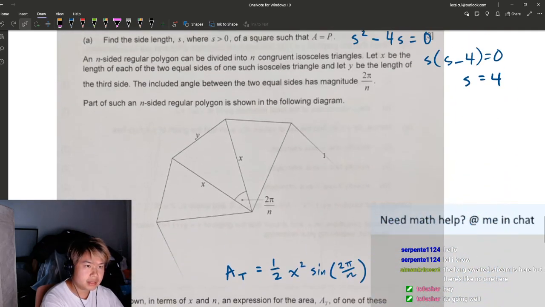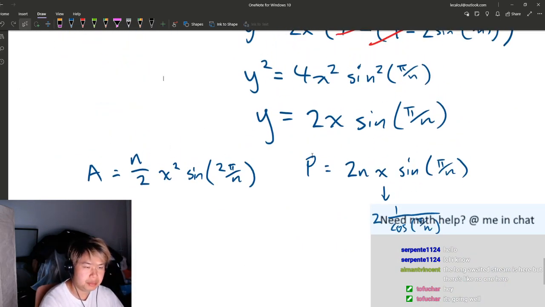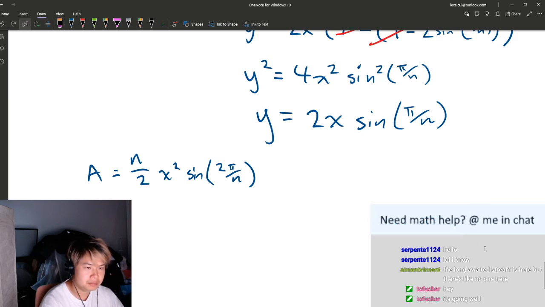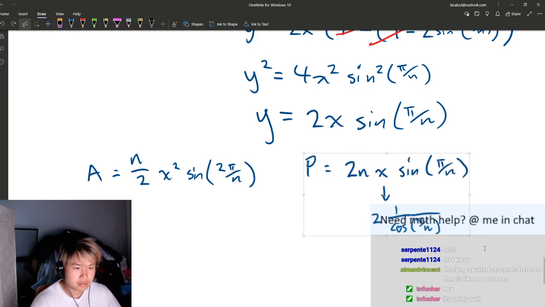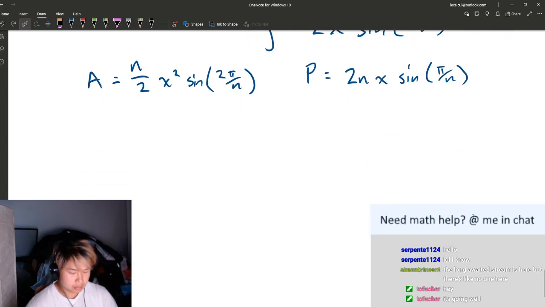Well, you know what, we know that these two are equal, so let's go with that for now. Maybe we can get an expression for x. Let's see what we got. We know that A equals P, so that means that these two things are equal to each other.